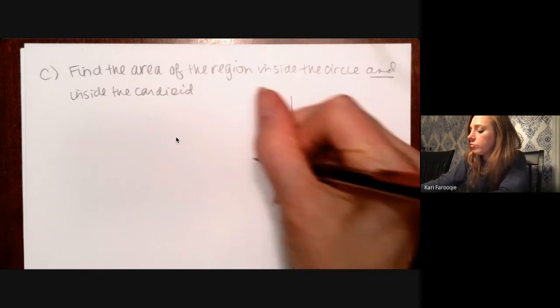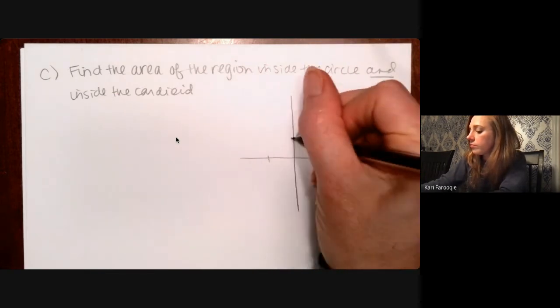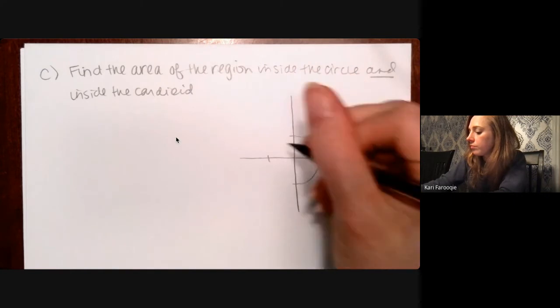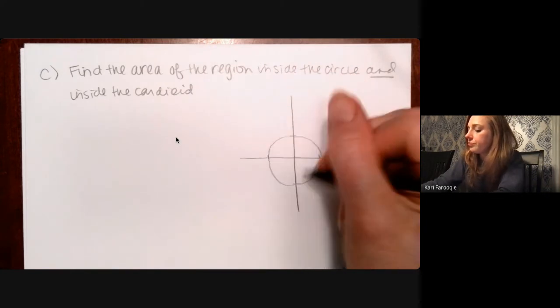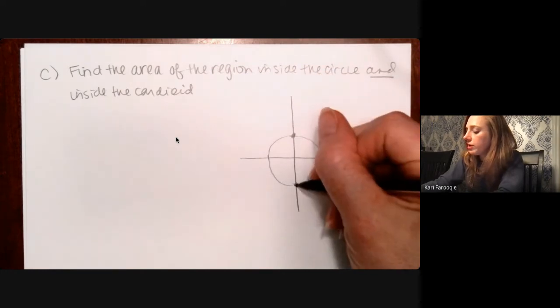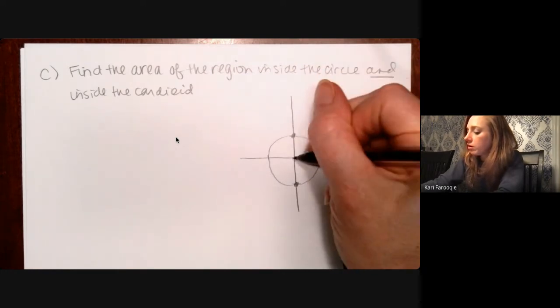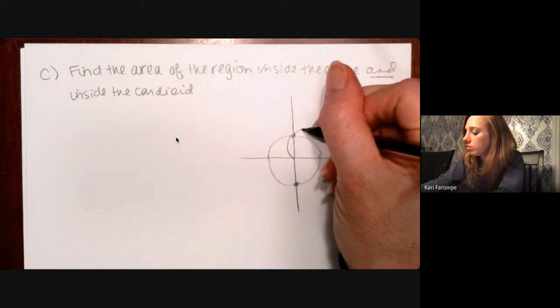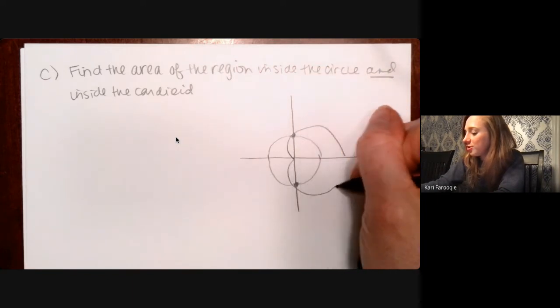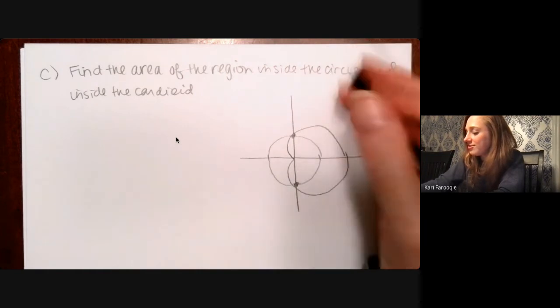So I'm going to graph this one final time. I have my intersection points here at pi over 2 and negative pi over 2. I know that my cardioid is going to go up kind of like that. Doesn't have to look perfect. It just has to be a general gist.